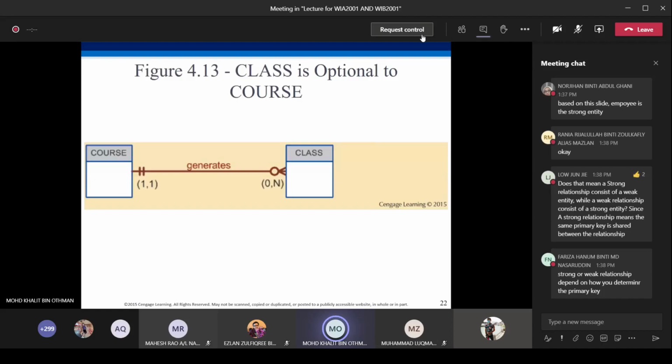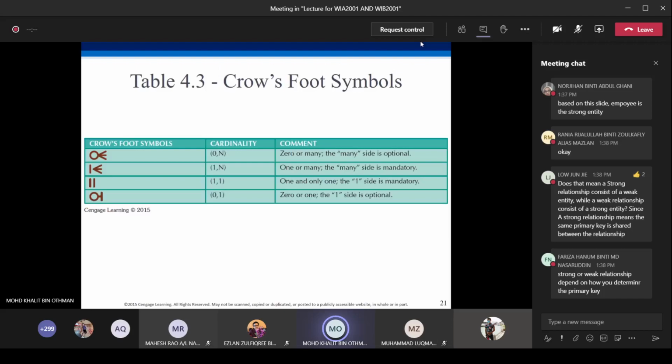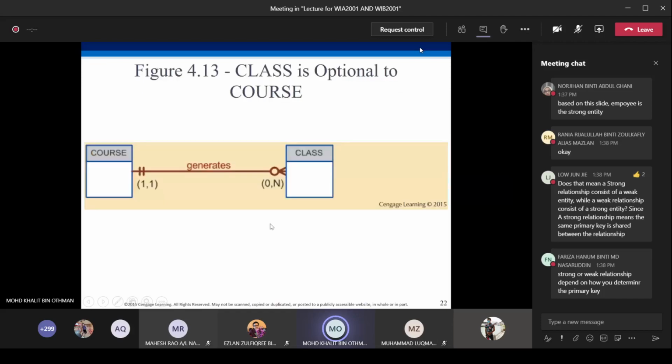This is an example of a Crowfoot model. Figure 4.13, class is optional to course. Why is class optional to course here? Because we see the optional side. For this symbol, the many side is optional, and for this symbol, the one side is optional.